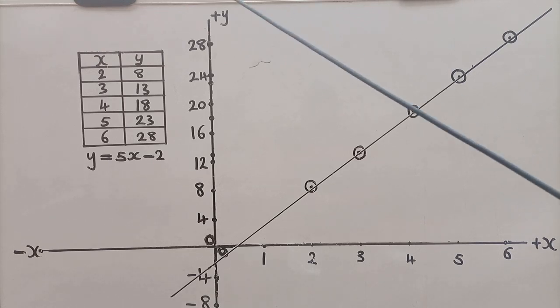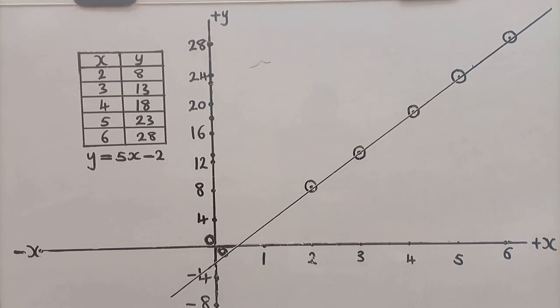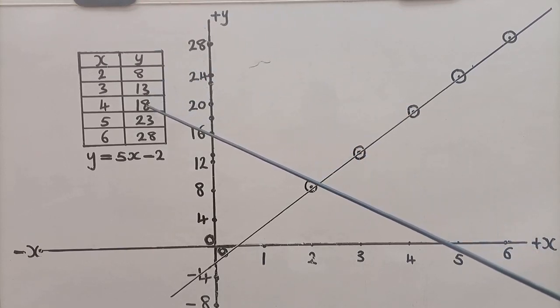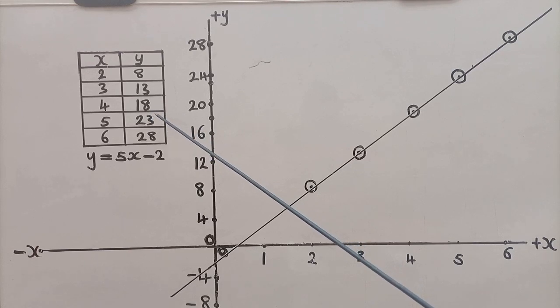What about this y? From 8 to 13, the change is 5. From 13 to 18, the change is 5. From 18 to 23, the change is 5. From this to this, the change is still 5. And again, the change is an increase.